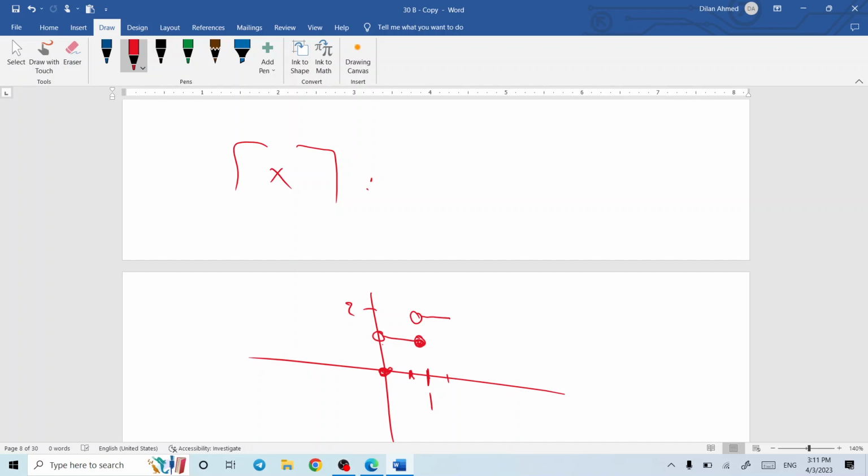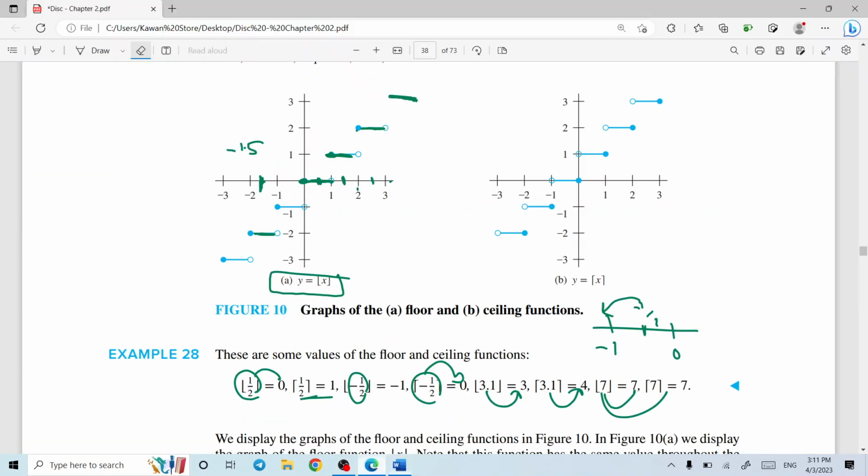How about 1.99? Again 2, right? How about 2 point something? 3, and so on. And coming back here, you will get the same. So these are the two important graphs.